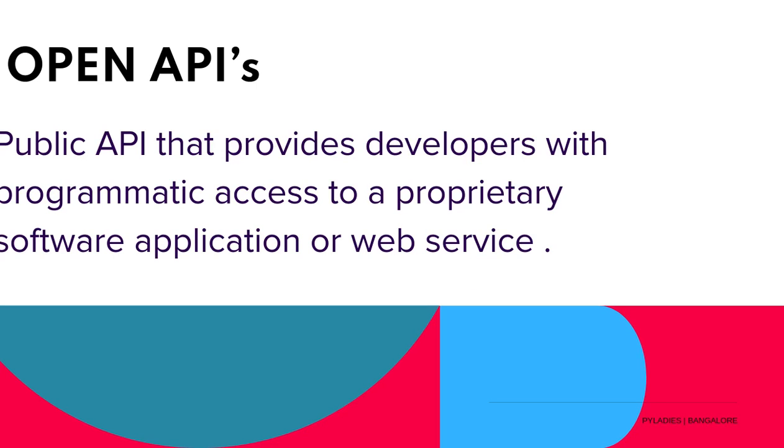Open APIs. The name itself says it's open to all. Generally an open API is a public API that provides developers with programmatic access to a software application or a web service. It's just making it public, not free of course, so that everybody can make use of it.